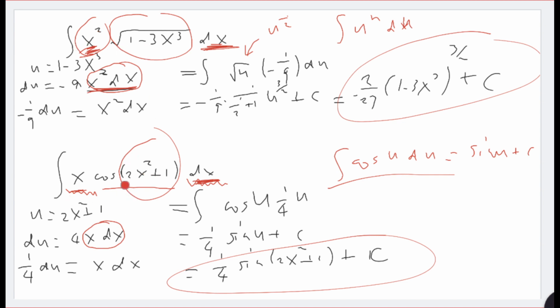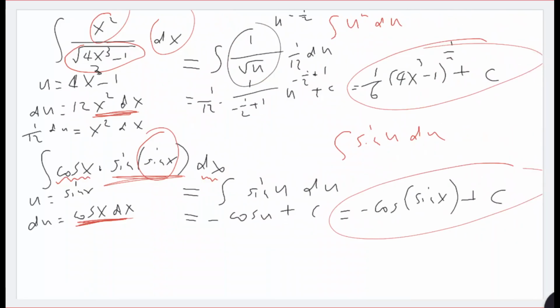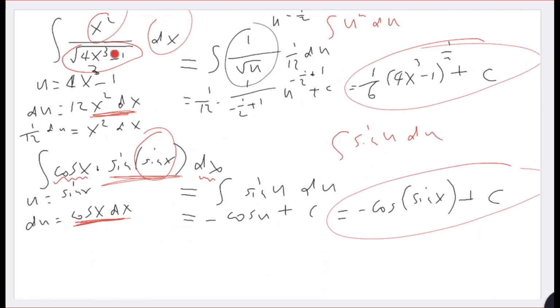So same here. We try the substitution u equals 2 times x squared plus 1. If we differentiate, we see 4 times x. So again, ignore the 4, just the x, which we have. So this x is perfectly the supporting factor. So you can see, whenever you think of some substitution, check whether there's a supporting factor to make it work. This is true for every problem we did.